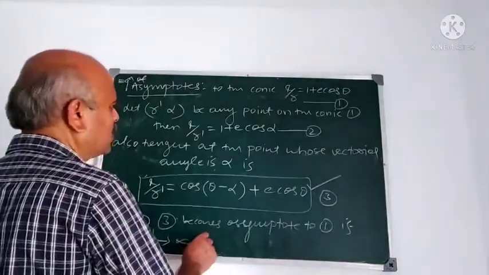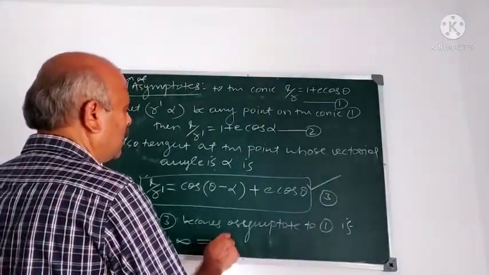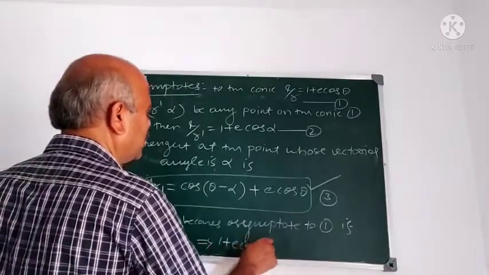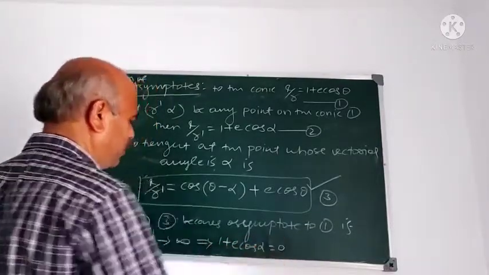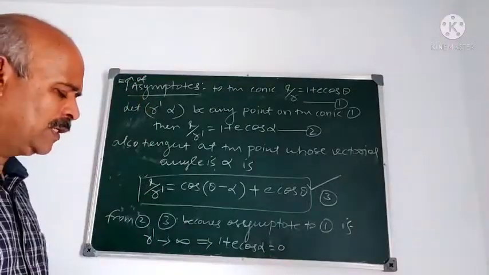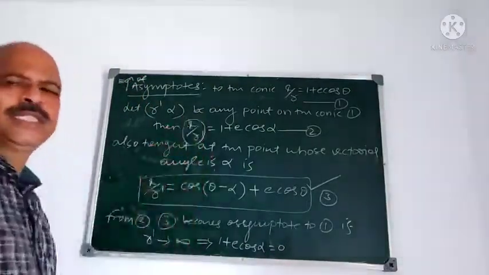Therefore, when r dash tends to infinity, 1 plus e cos alpha is 0, because 1 upon infinity is 0.